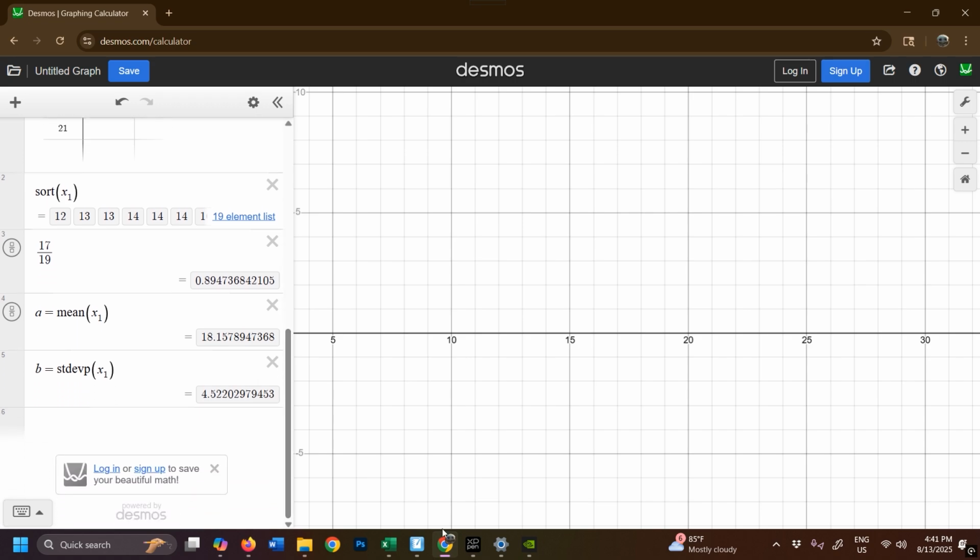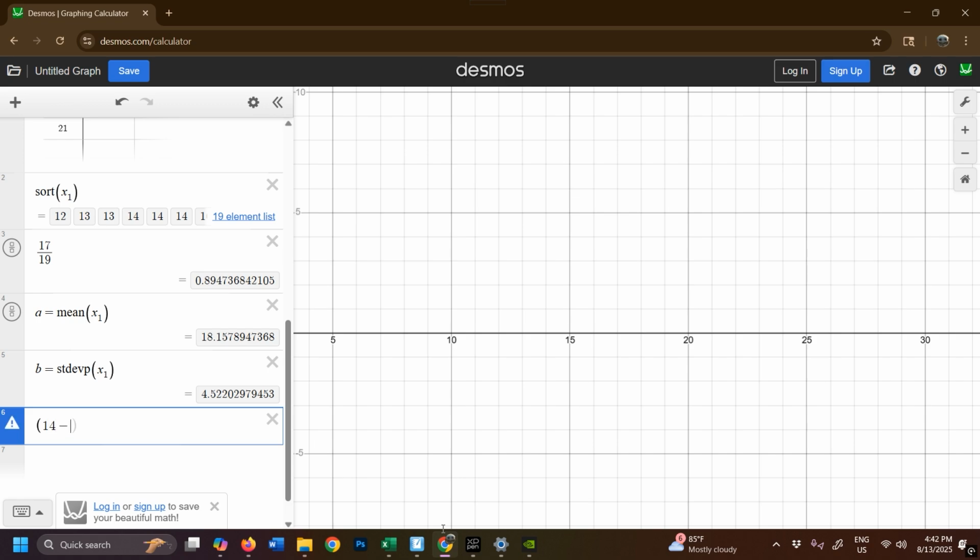Now, going back to Desmos, let's talk about why I went A equals and B equals. I want to be as accurate as possible, and I don't want to round if I don't have to. By typing in A equals into Desmos, it actually puts all of these decimal places into A. And anytime I type in A, I get all of those numbers in there. So if I want to do 14 minus A, and I have to use parentheses because I'm doing a subtraction in the numerator, it subtracts all of the decimal places away.